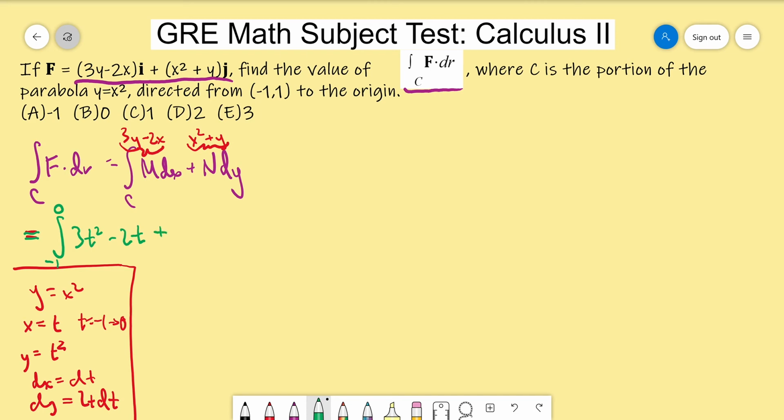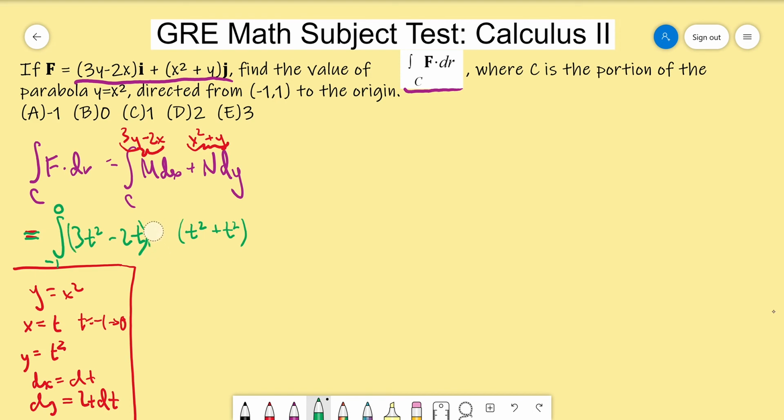Plus, now we have x squared plus y. x squared is t squared, I'm going to put this in parentheses, plus y is also t squared. That's a 2t squared. And all of this is times dt.